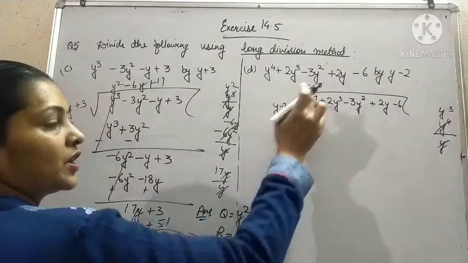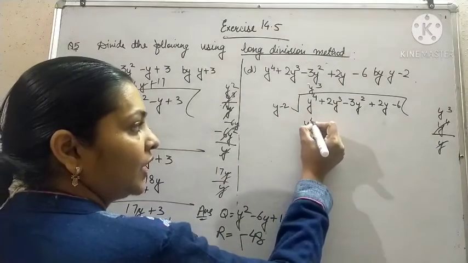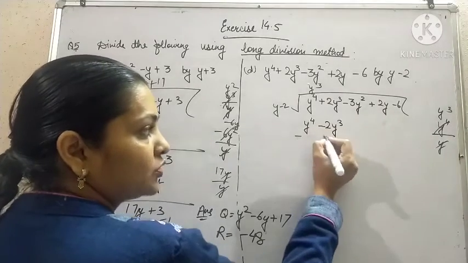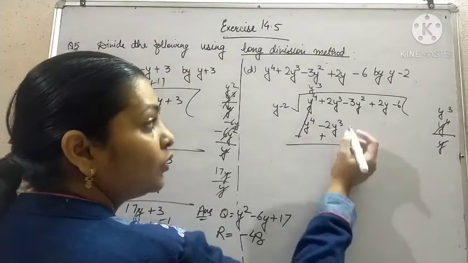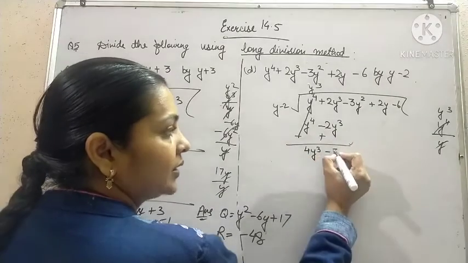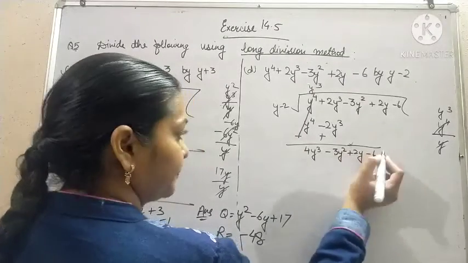So this expression is to be multiplied by y cube. We will obtain y raised to the power 4 minus 2y cube. Now change the sign. This will cancel out, but these terms will add. 4y cube minus 3y square plus 2y minus 6.